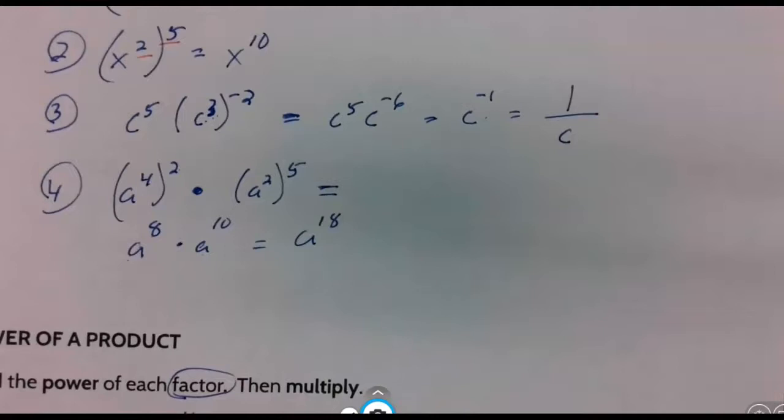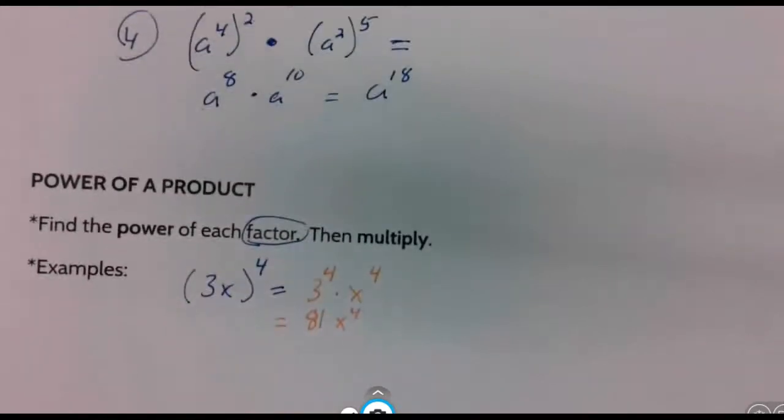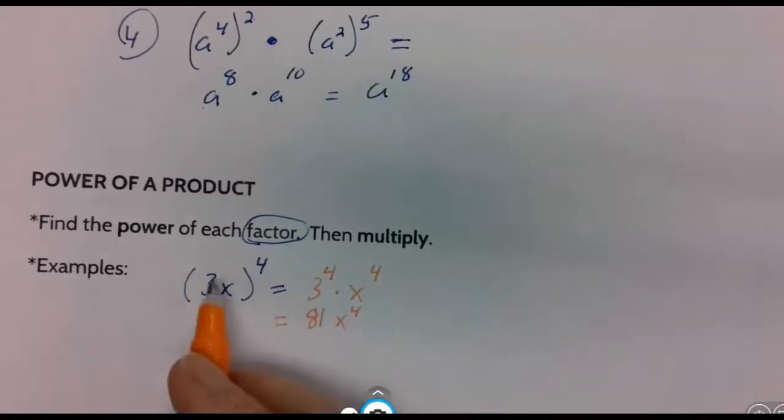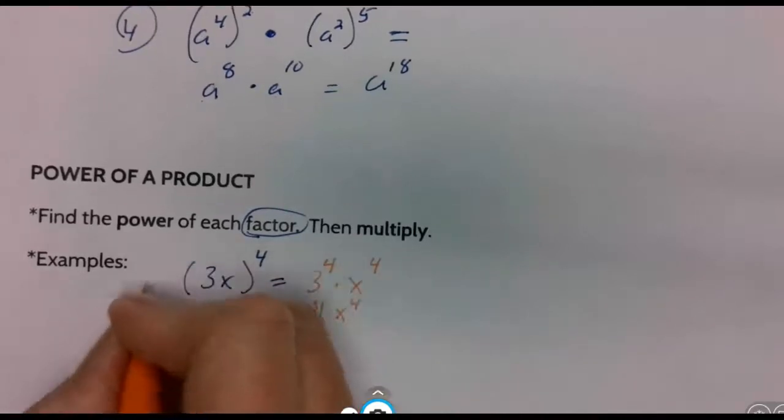Then I just simplify from there. 3 to the 4th, that's 81, x to the 4th. So now I'm going to take each of them to a power. Okay? It is not the distributive property because there is not a plus. It looks like it is, but it is not the distributive property.